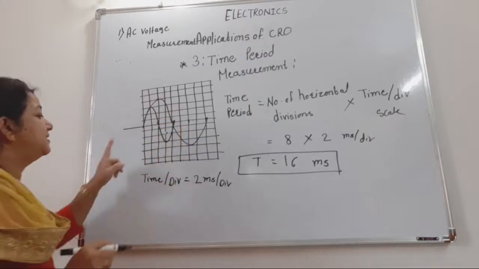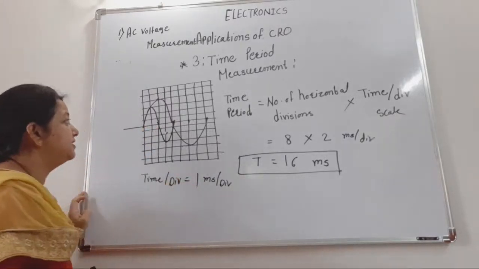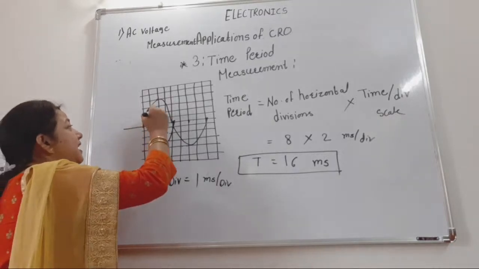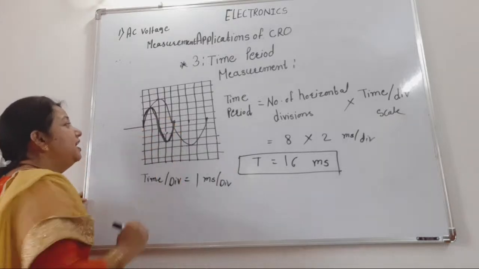Suppose for this sine wave, the time per division is 1 millisecond per division. So how many horizontal divisions for this complete cycle? This one is the complete cycle, positive half cycle and negative half cycle.